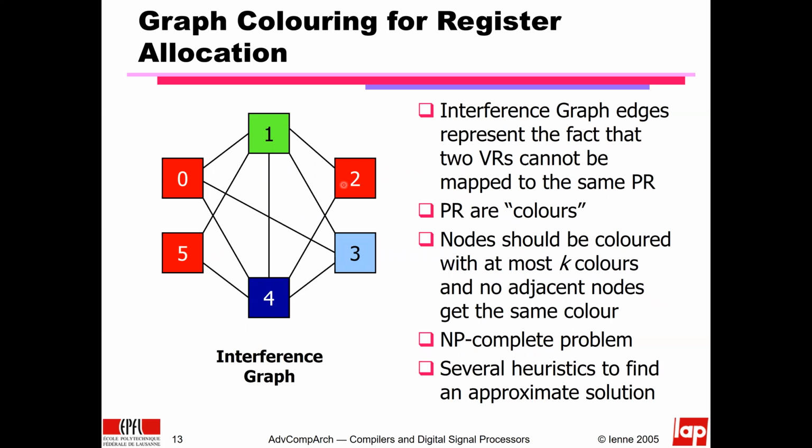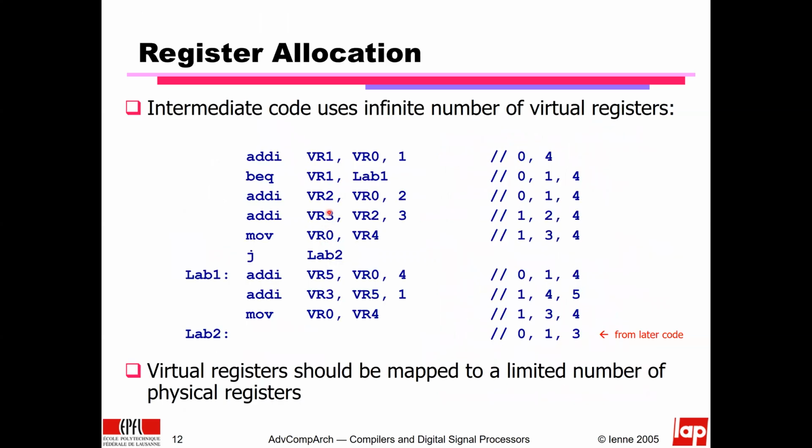So I say physical register R1, and I will want to put here R1, here R1, here R1, and so on and so forth. Now, what I don't want is to be limited here, saying, oh yes, but you can put only R1 or R2 here, and here you can put only R3 and R4. And so, for instance, I'm screwed because I cannot put the same register in these two positions.